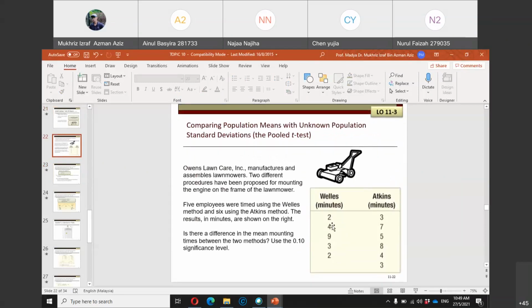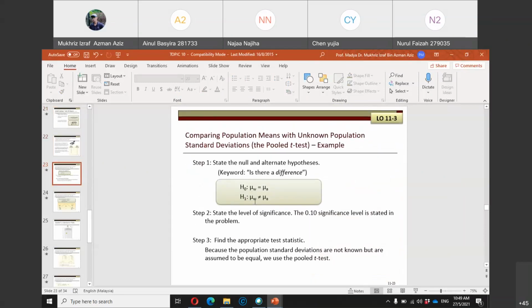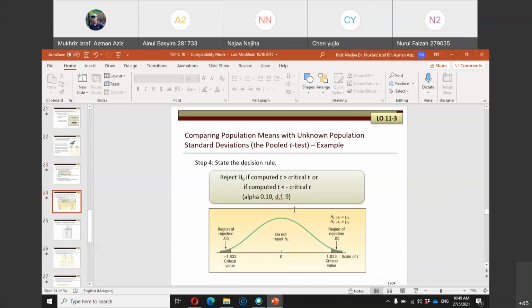If Wallis appears first, then it will be Wallis minus Atkins. If Atkins not equal to Wallis, it will be Atkins minus Wallis. So that is the process of constructing your H1 and also your H0.